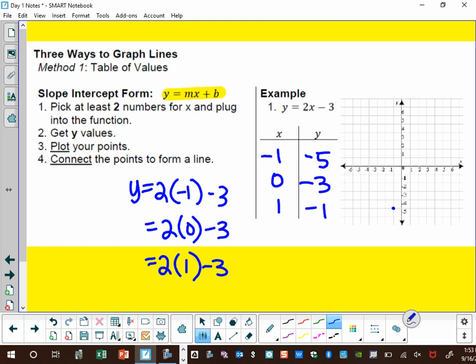That's my first point. All right, 0, -3. 0 means I'm staying right here in the middle of my origin, and I'm going down 3. So right there. Anybody write this? Then I have 1, -1. Go to the right 1, down 1.